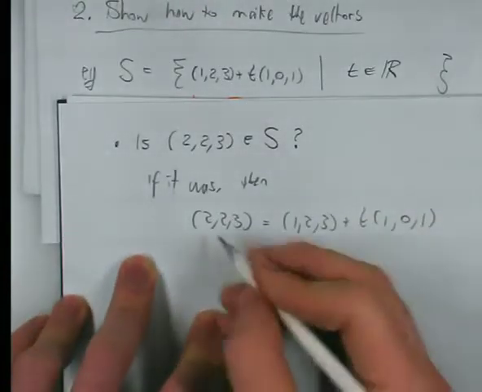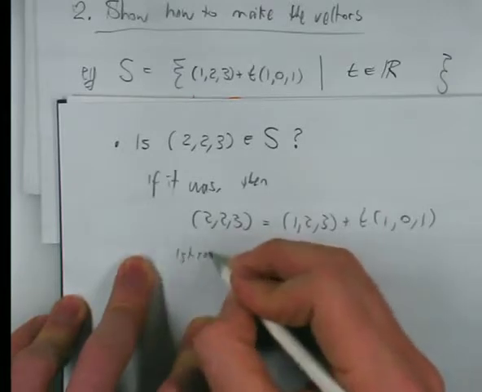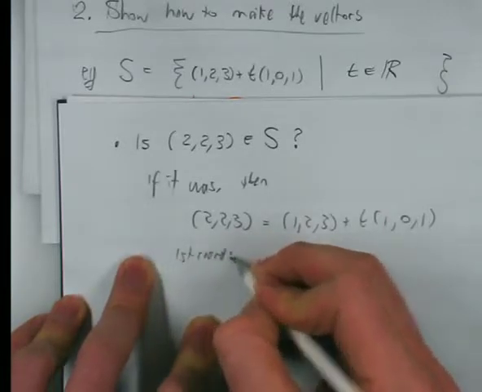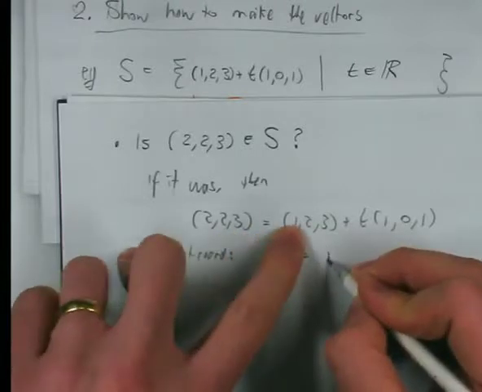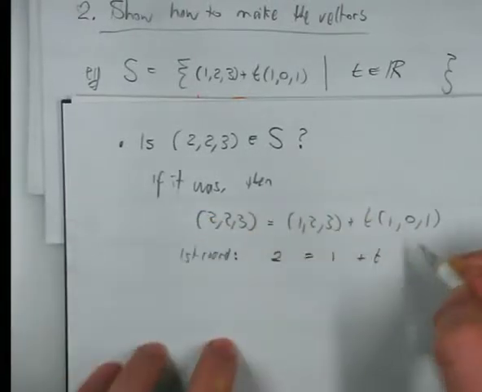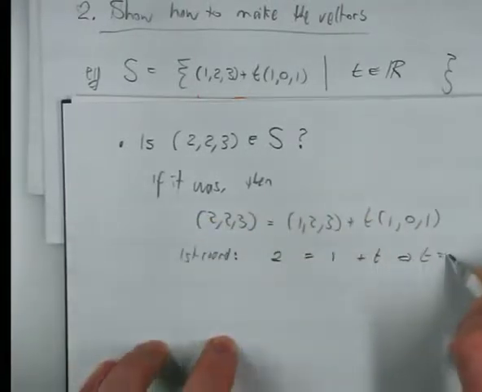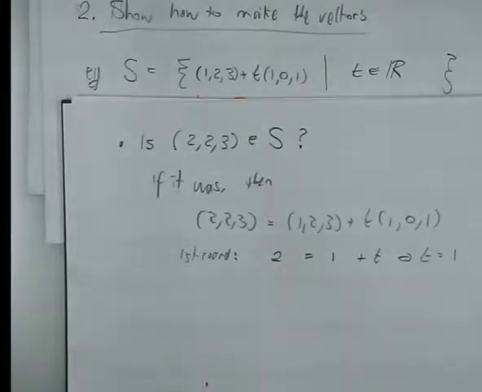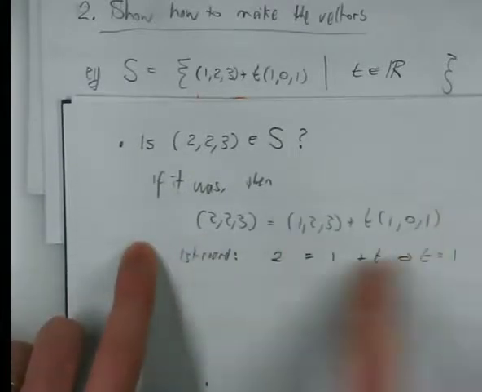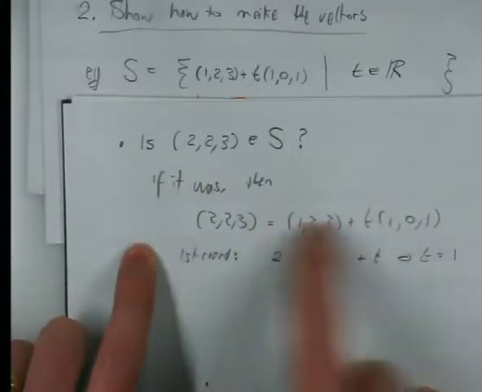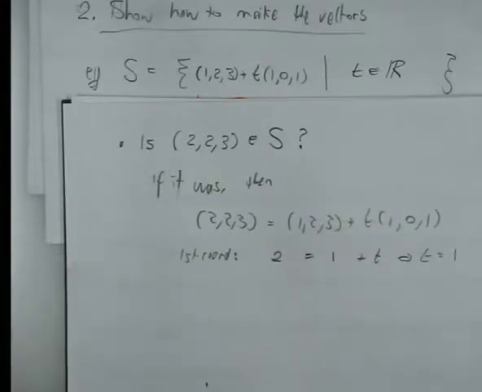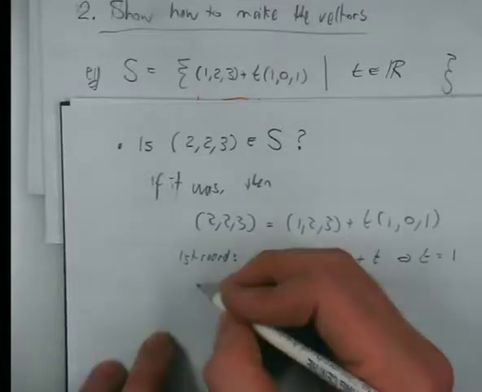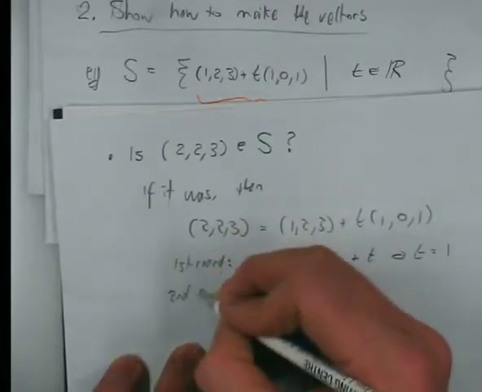which would mean that using the first coordinate, 2 would have to be 1 plus t, which would mean that t would have to be 1. So I've got 1 plus t in the first coordinate of that one. And so t would have to be 1. But if t was 1, well, I could just do it from each coordinate, right?